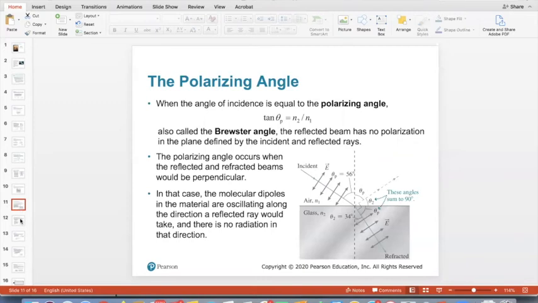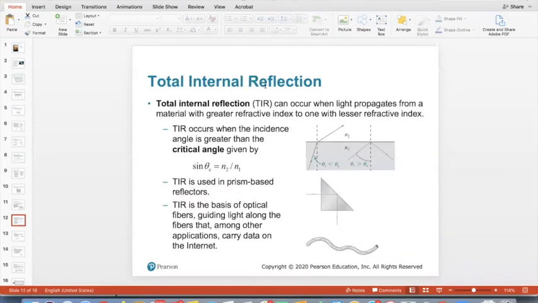Where that comes into play, where we care about that, is total internal reflection. This is what's interesting. So here I've got light in water coming up, hitting the surface of the water and coming out into air. That light ray got bent away from the normal.